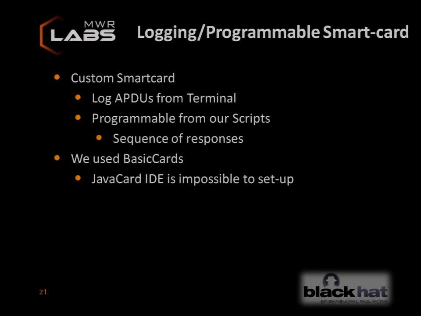You can say that you want the smart card to respond to specific requests, which is not the best way for EMV, we found, because you might have requests which, based on the current state of the card, result in different responses. So we decided to program it with a static sequence of responses: answer the first request with this response, answer the second request with this response. And we found that if you use the same card against the payment terminal, this sequence will always be the same. So that worked well for us.